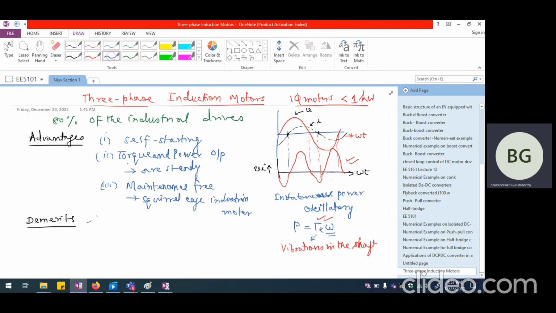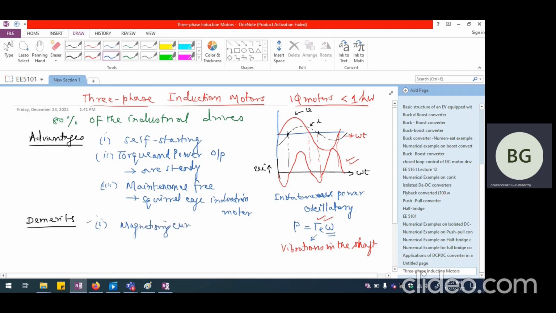First and foremost, it is going to have the magnetizing current as well as the torque producing component of current. Magnetizing current is very similar to the field current in a DC motor.